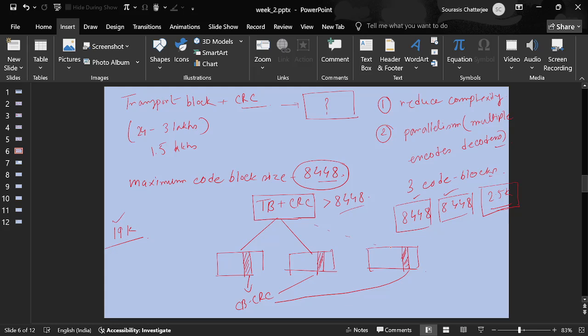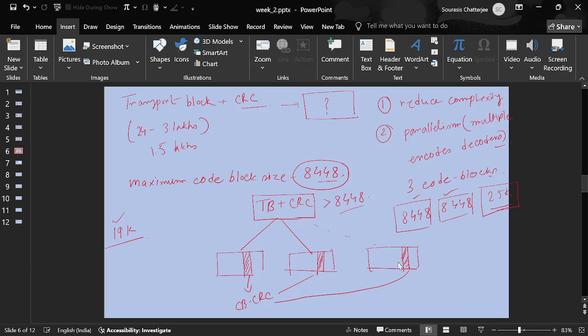They might require different generator matrices or parity check matrices to generate the LDPC. Okay, but that should not create an issue, at least for the last one. Especially, from my side, I'll give this argument: for the first two code blocks I have 8448 bits, the maximum code block size, and we know that if the code block size increases, decoding becomes easier because I can decode it at low SNR.